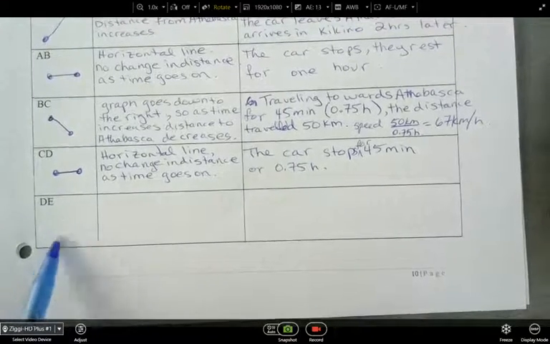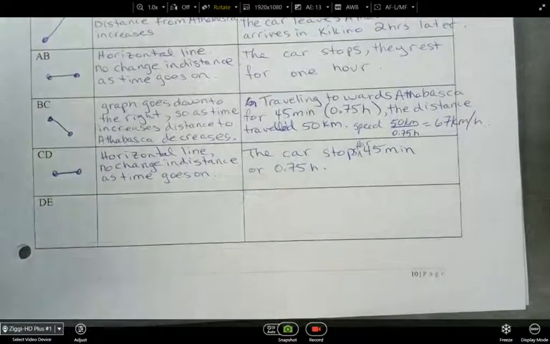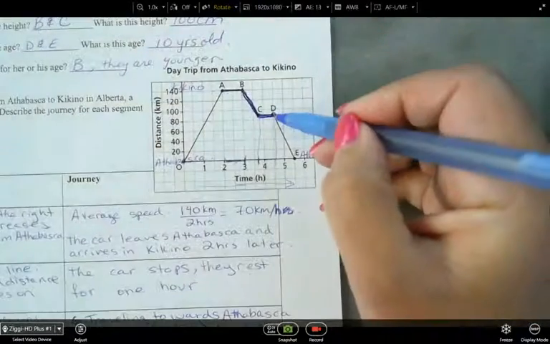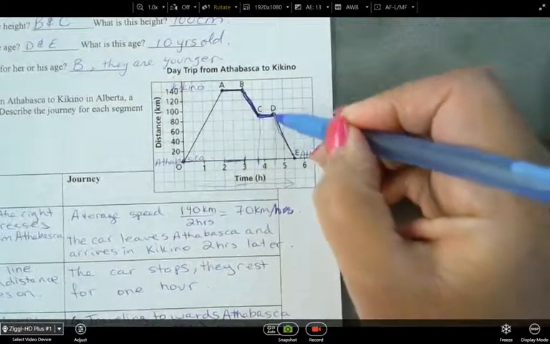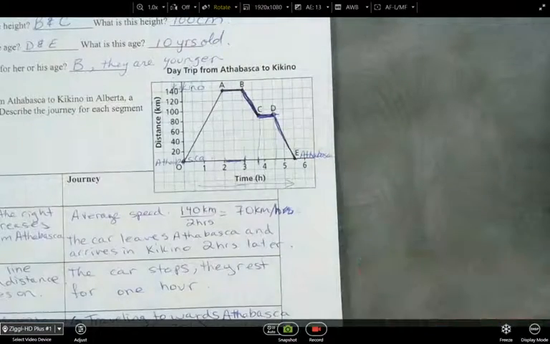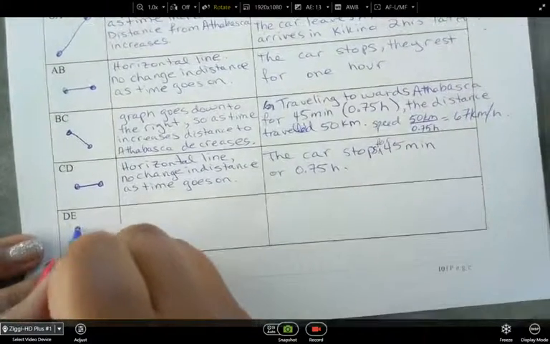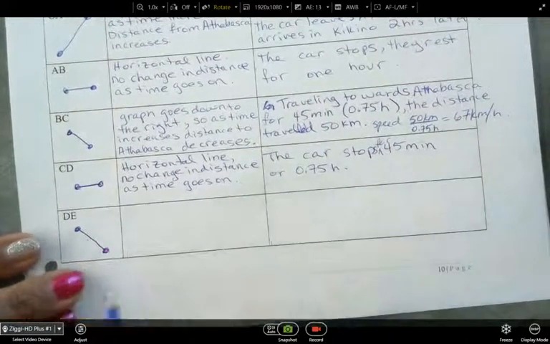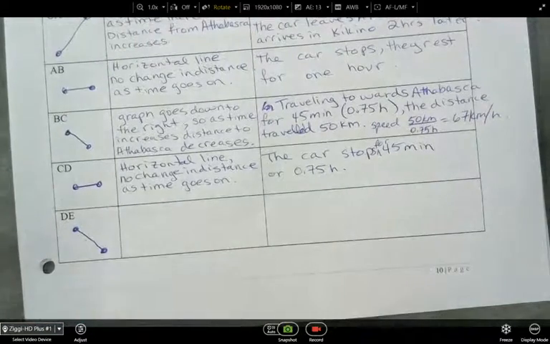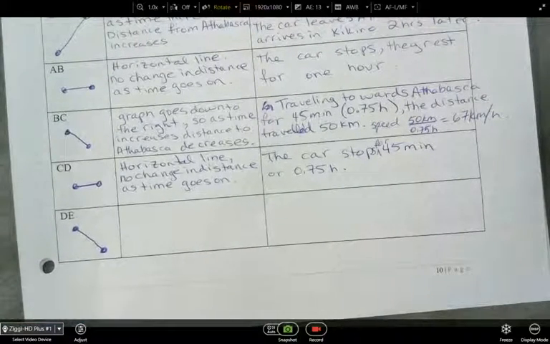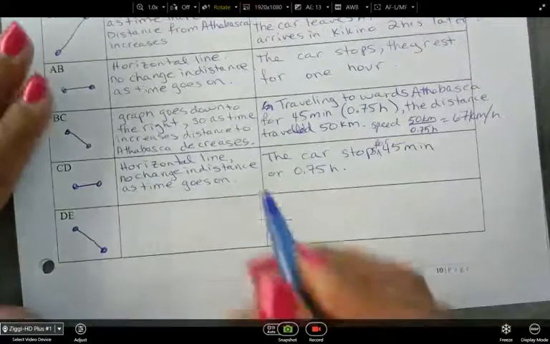Okay, and then section DE. What's happening in section DE? Are they driving again? Yeah? Okay, so that's right here. So DE, they are driving, and where do they end up? They end up back at home. How do you know they end up back at home? Because they're 0 kilometers away from home or Athabasca.